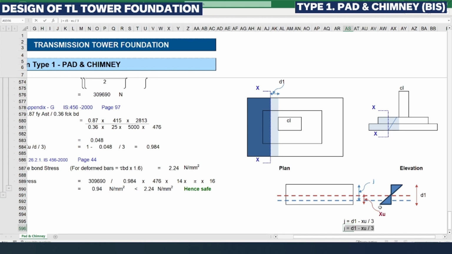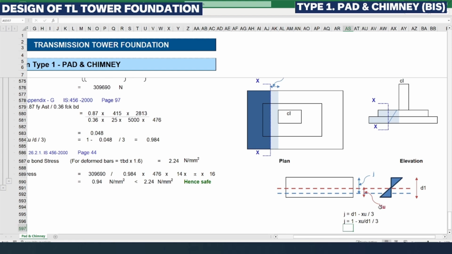We can also simplify this, as we don't have the XU value. We can simplify it as 1 minus XU by D1 divided by 3. What I have done here is, in D1 minus XU by 3, I am dividing the entire right hand side by D1, so that it is converted into 1 minus XU by D1 by 3.